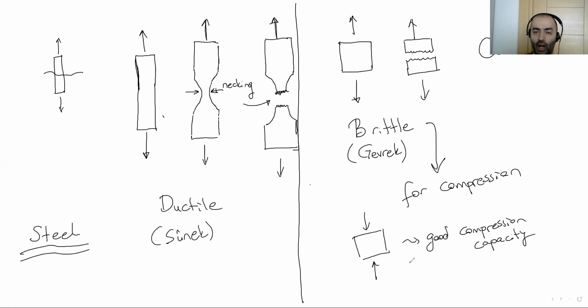So how we understand a material is ductile or brittle, we apply tension tests. If it gives a necking like this, like the steel, yes, it's ductile. We prefer ductile because ductile material gives us an idea before complete fracture.